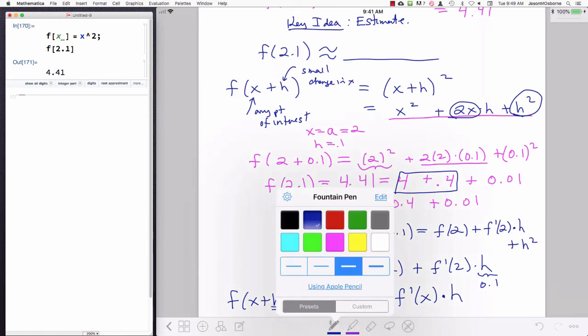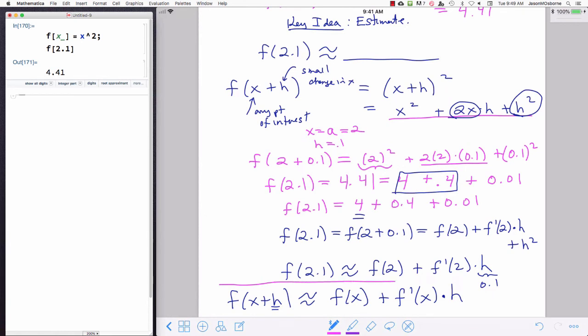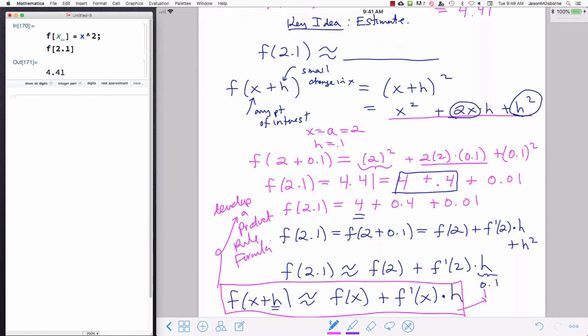And this is a key formula that will get us a long way in calculus and also help us develop a product rule formula. Okay, it also happens to be a key idea in calculus, this approximation idea.